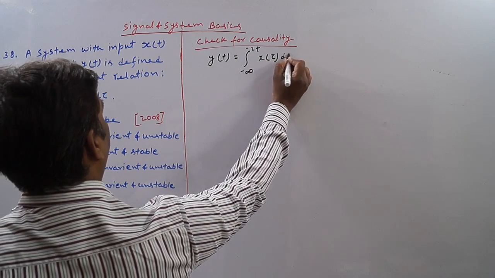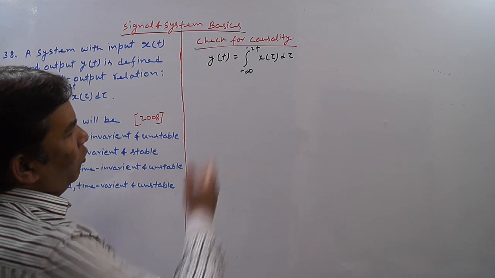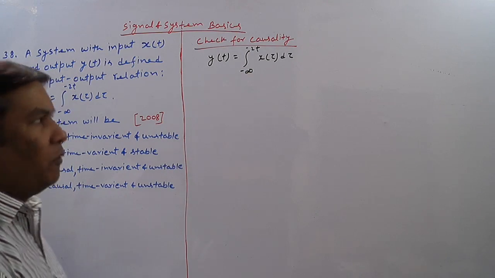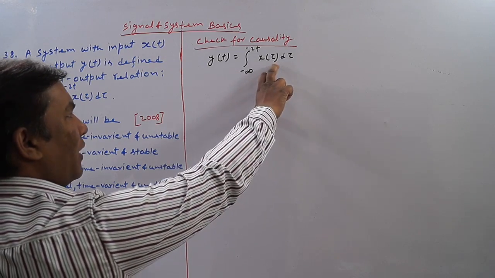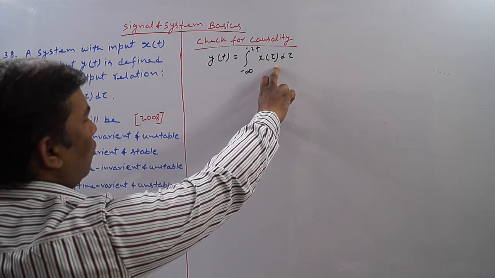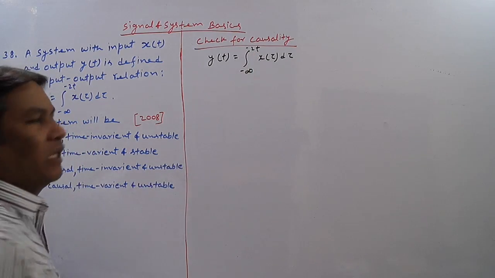So y(t) is the integral of the value of x(tau) from minus infinity to minus 2t.